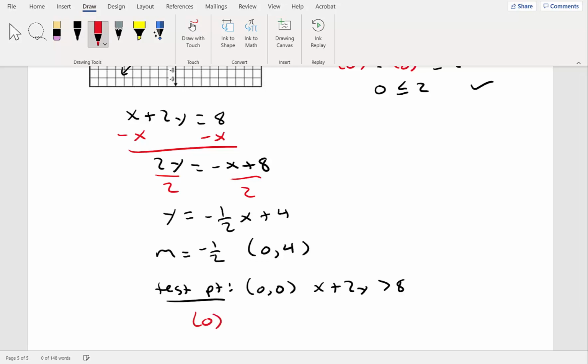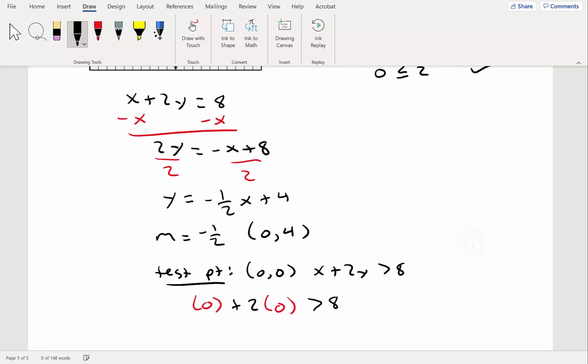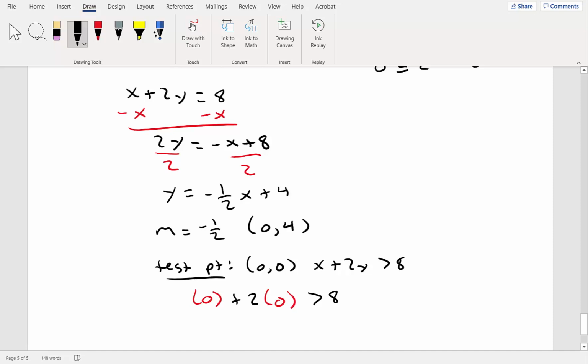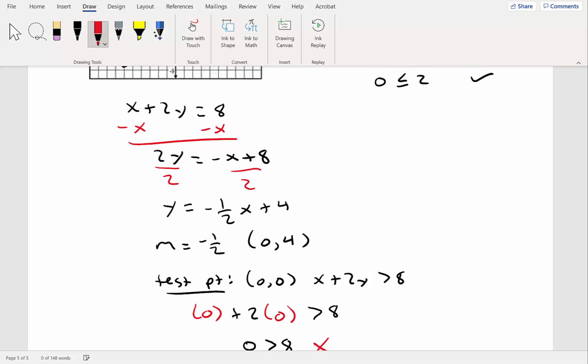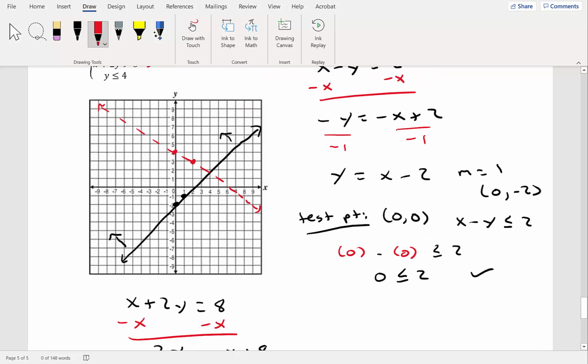So I have 0 plus 2 times 0 is greater than 8. Simplify. The 2 times 0 just gives me 0. 0 plus 0 gives me 0. So I have 0 is greater than 8, which is not true. So since this statement's not true, I have to shade in the other side of the test point, which would be the top part of this line.